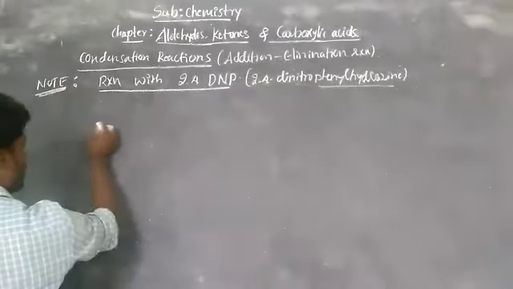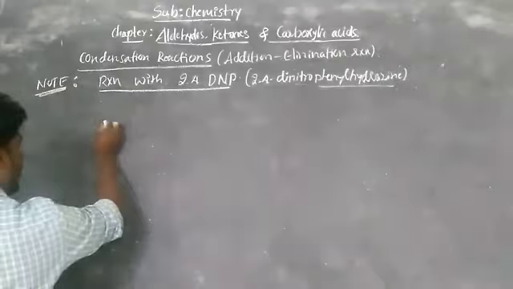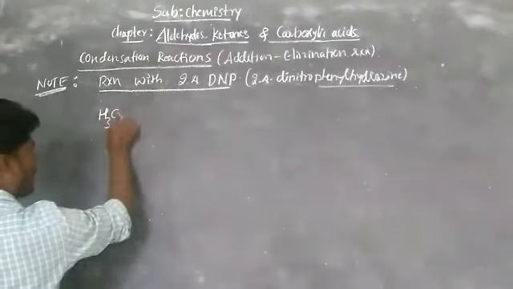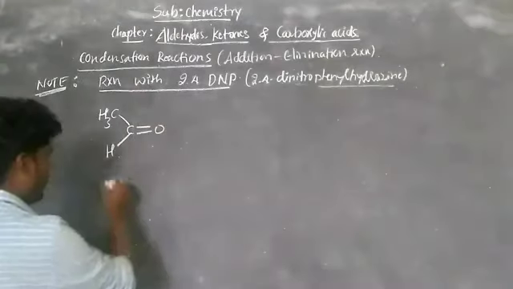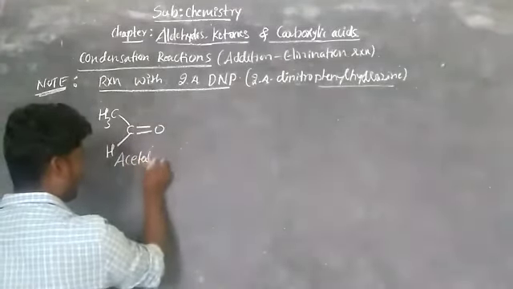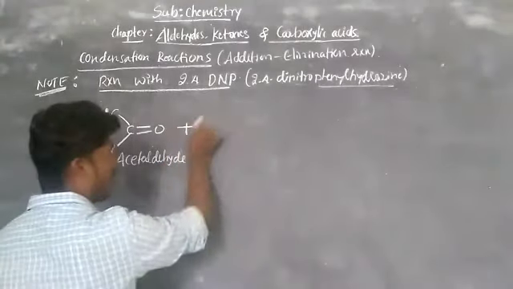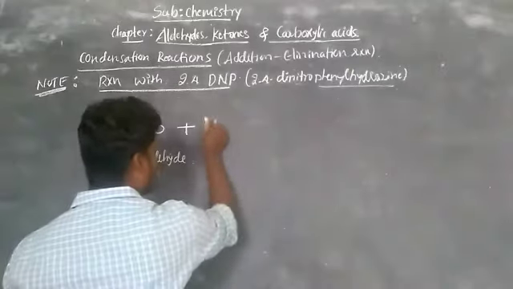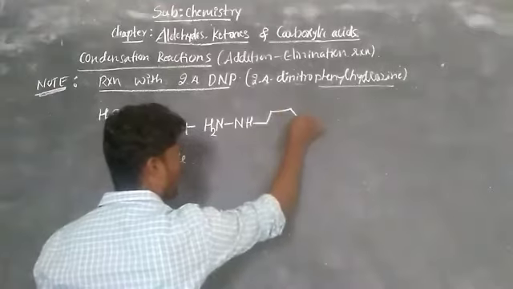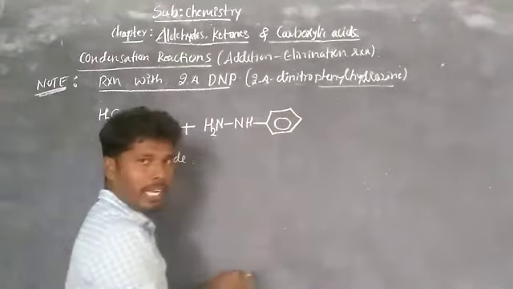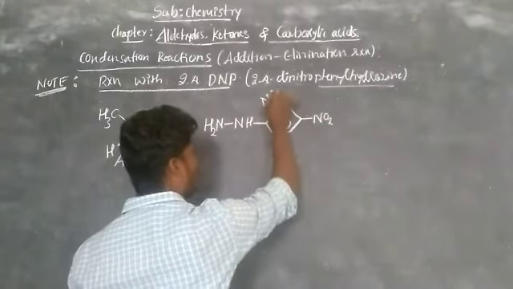Now take acetone. Take aldehydes, acetaldehyde or formaldehyde. Now take acetaldehyde, CH3 bond C double bond O bond H. This acetaldehyde reacts with 2,4 DNP, that is H2N bond NH bond benzene ring, with NO2 at the fourth position and one more NO2 at the second position.